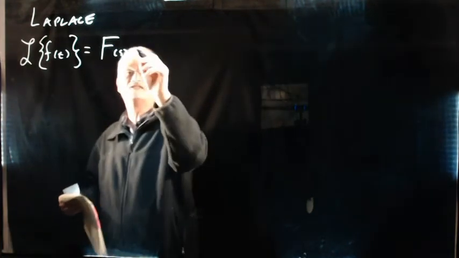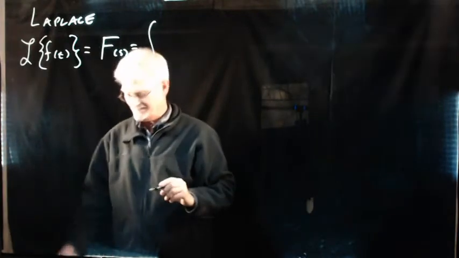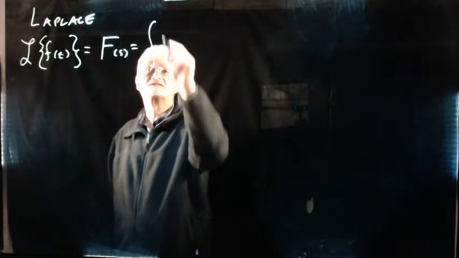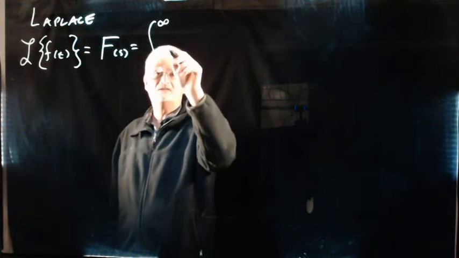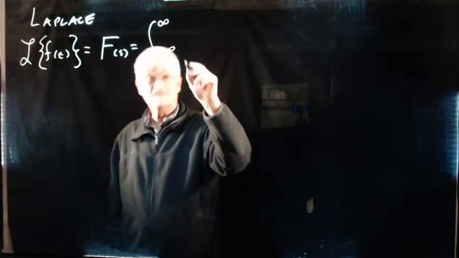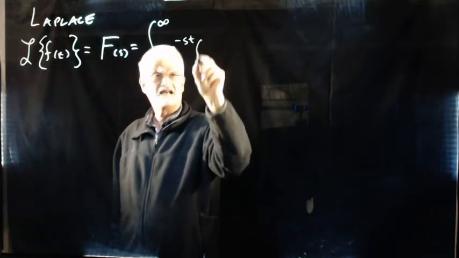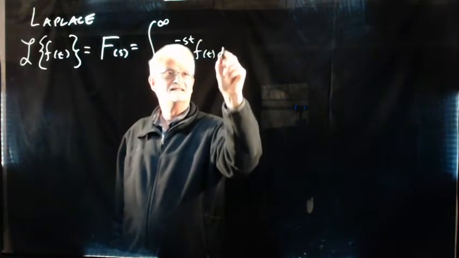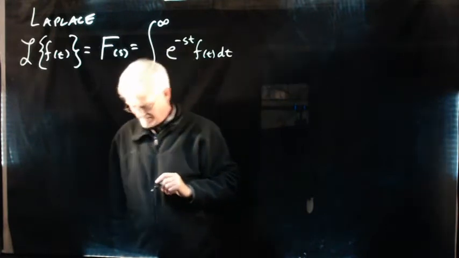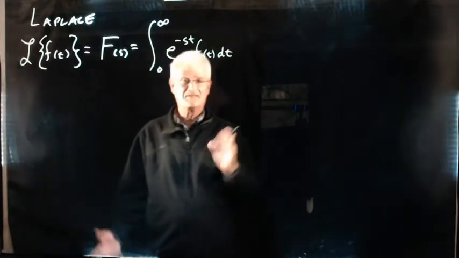Now, of course, there is a definition for whatever the Laplace transform is. The Laplace transform is the integral from 0 to infinity, e to the minus st times f of t dt. So all we have to do is some integration now, and we'll be good to go.